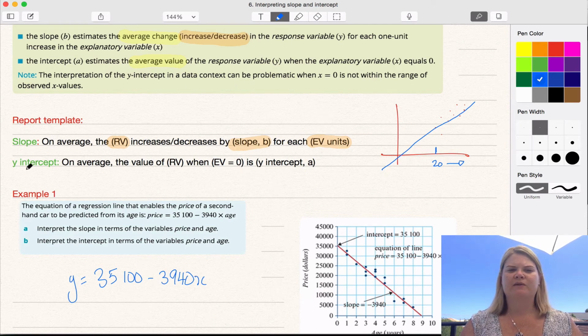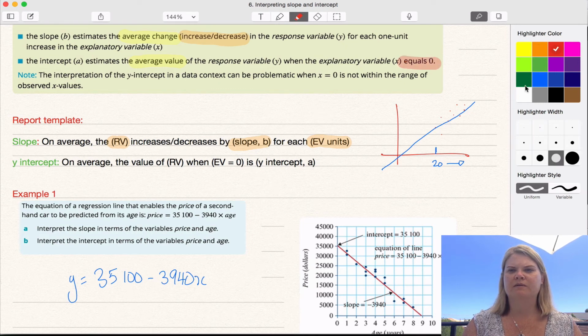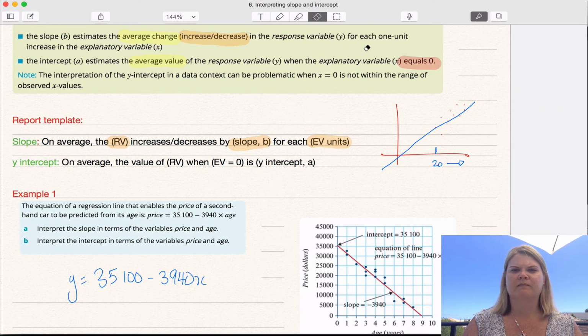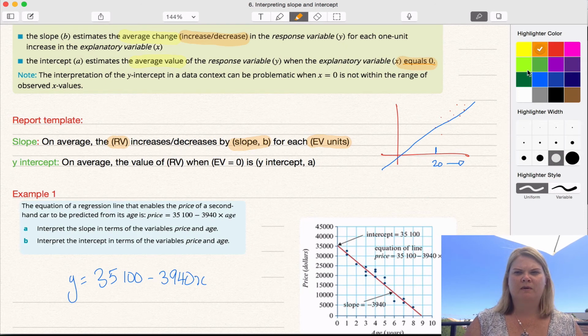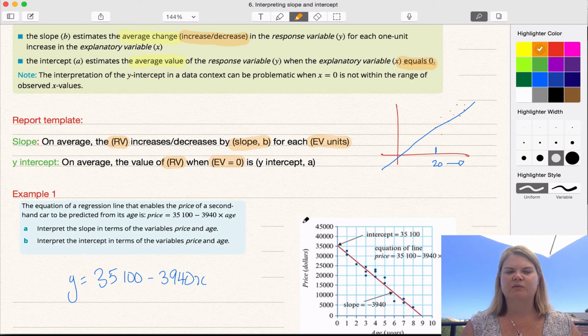Your report template for interpreting the y-intercept is, on average, the value of the response variable when the explanatory variable is equal to 0 is, and then you just write the y-intercept, which is the a value.